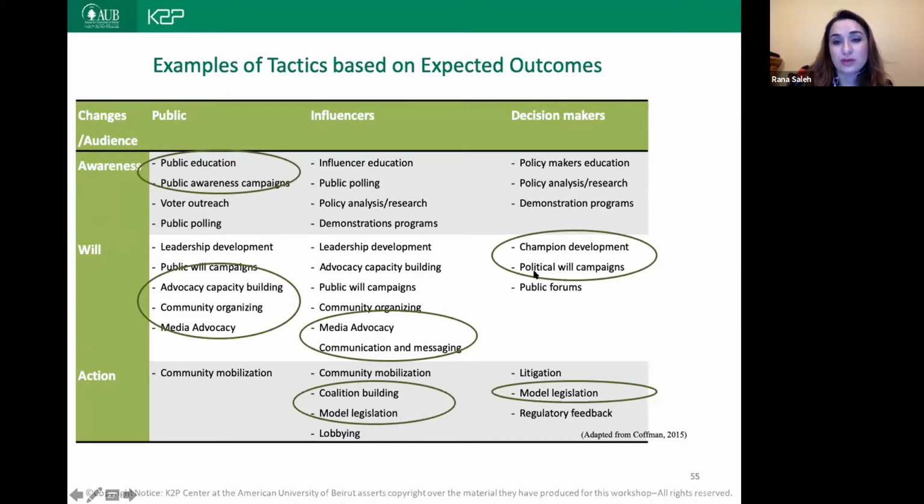For the decision makers, a political will campaign, champion development, model legislation, and also some media targeting them. So as you can see here, we now have our goals, our stakeholders, the change that we need, and also the tactics. What's next is the tools.